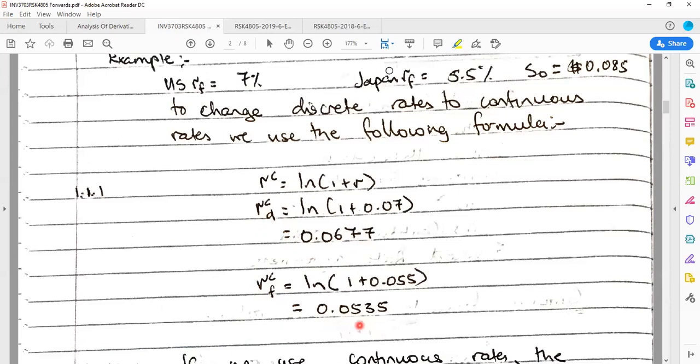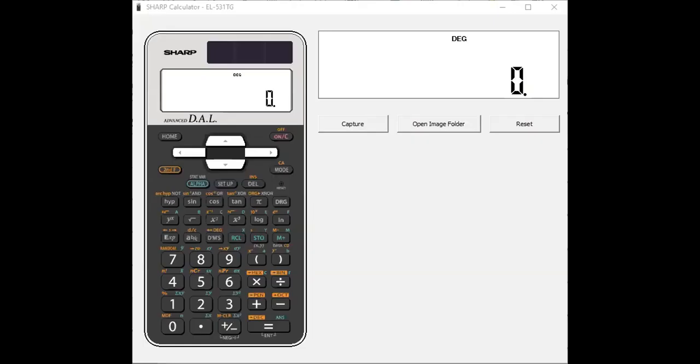I'm going to put the calculator up on the screen just to illustrate how that is actually done. Okay, I hope you can see it. Let's say you want to do the following calculation. We have 7% and 5.5%. You use the natural logarithmic function on your calculator. I'm hoping that we all have the same type of calculators.